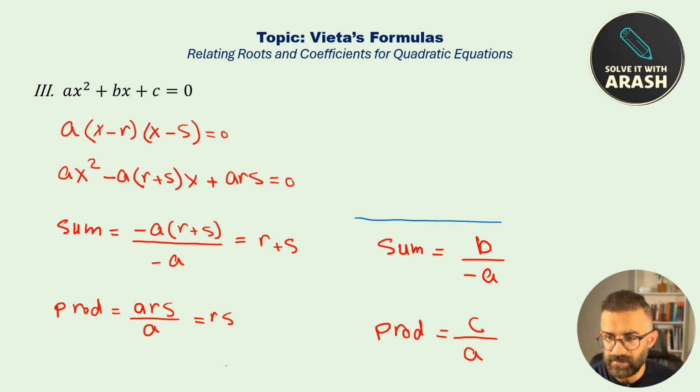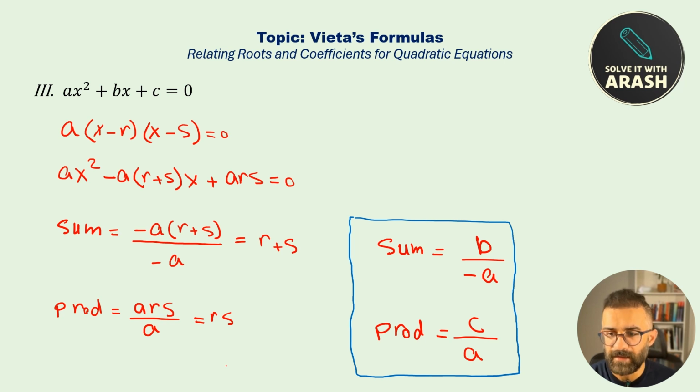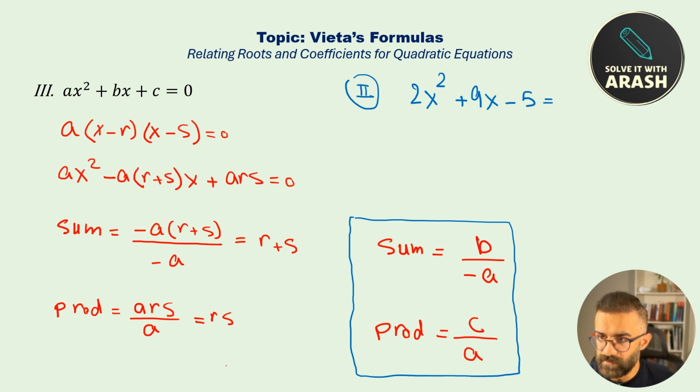These two formulas are called Vieta's formulas for quadratics. And that helps us to find the sum and product of the roots of the quadratic without calculating the roots. As an example, we can try it on the second example, which was 2x squared plus 9x minus 5 equals 0.